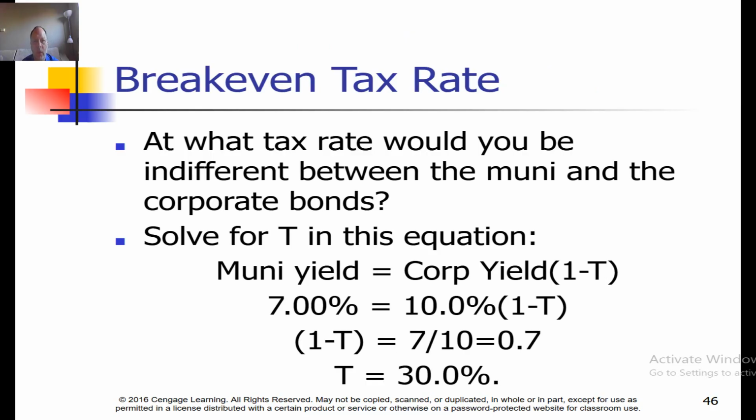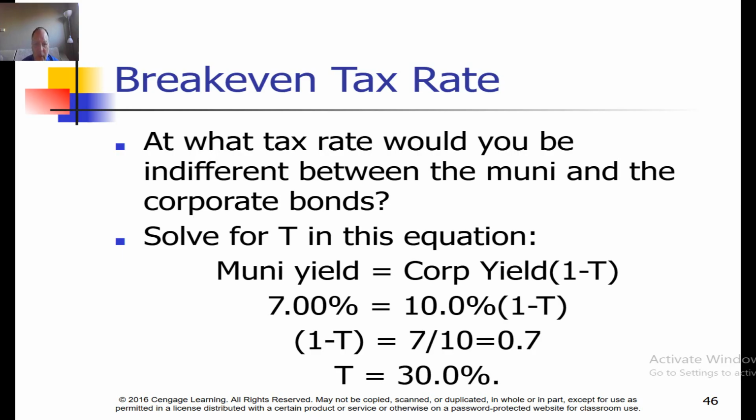We could ask at what interest rate the individual investor would be indifferent between corporate versus government bonds. To do this, we would set the after-tax muni yield at 7%, equal to the after-tax corporate yield, which is the corporate yield times 1 minus the tax rate. That would be 10% times 1 minus t.